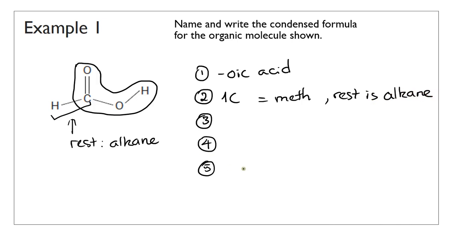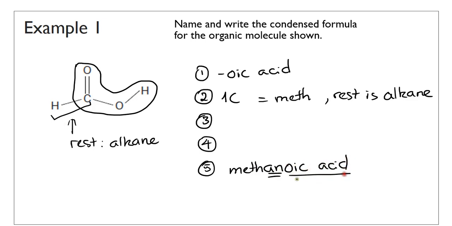Okay, so meth, there is one carbon in the longest chain. AN, to show that beside the carboxyl group, the rest of the molecule is made of hydrocarbons, or alkanes specifically. So meth-an-oic acid.